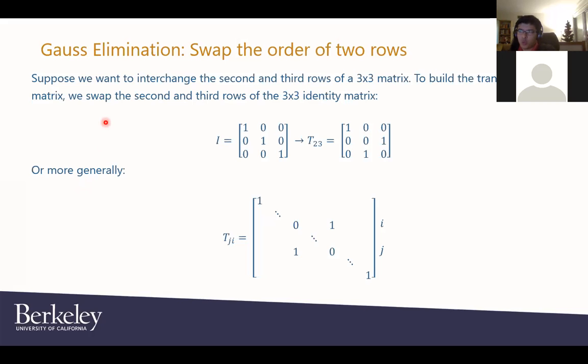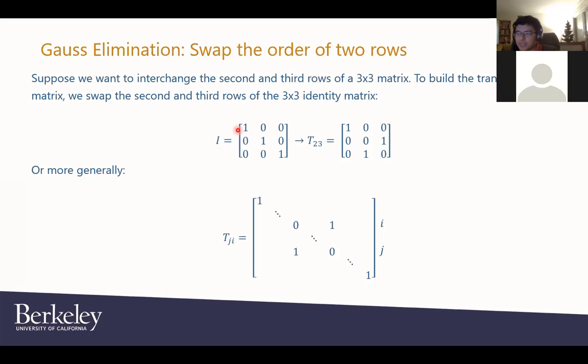Let's say that we want to swap. To build these matrices, you basically start with the identity matrix and do the change that you want to do, and then you get your transformation matrix. That's a really convenient way to remember how to build these transformation matrices. So let's say, for example, that we have a 3 by 3 matrix A, and we want to swap the second and third rows.